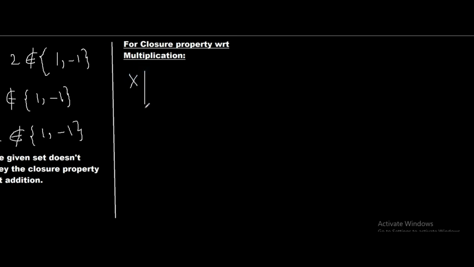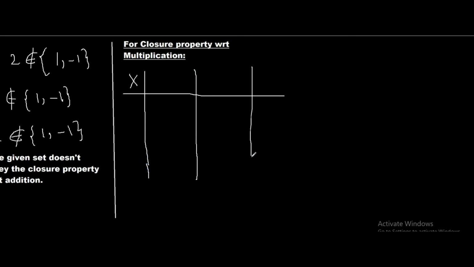This is the cross sign, and then these lines. And then only two entries, 1 and minus 1, and again in the vertical you will be writing 1 and minus 1.